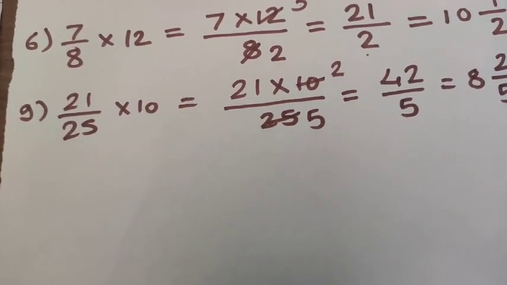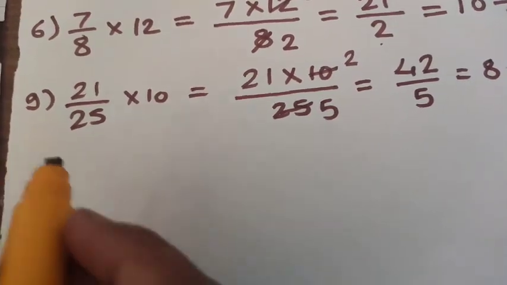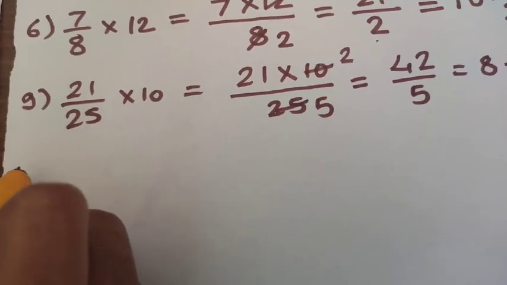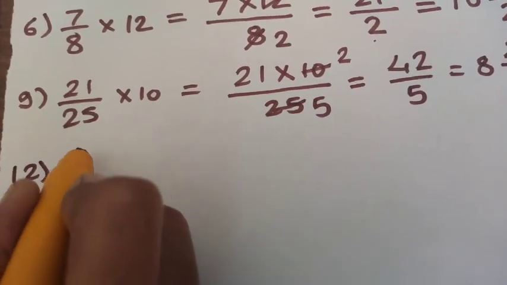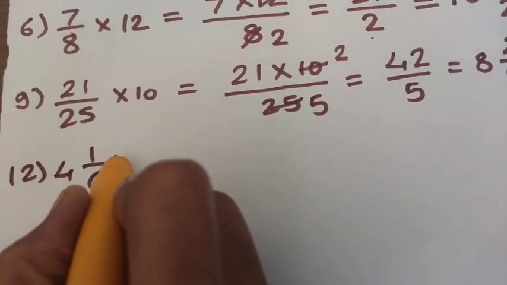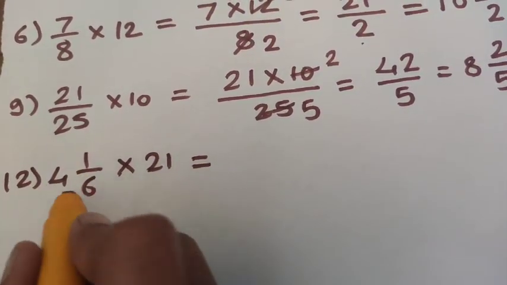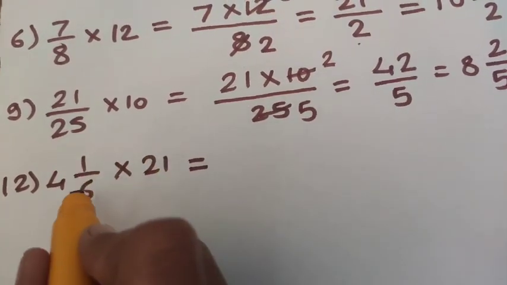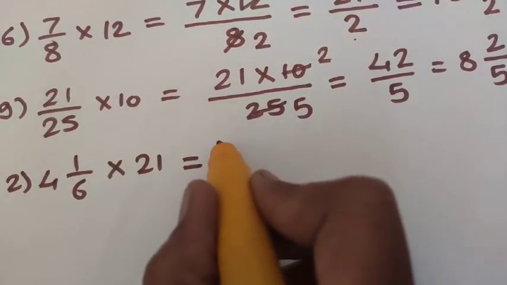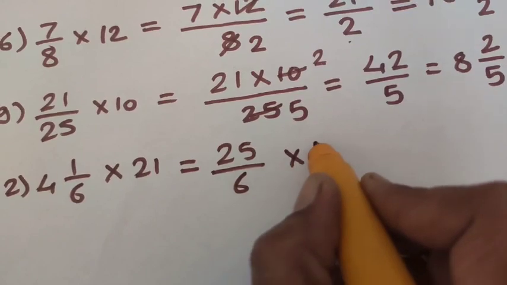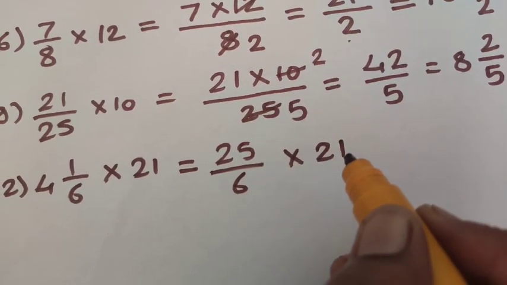Okay, now see, mixed fraction question I am solving now. I am solving the 12th question. 4 integer 1 by 6 multiplied by 21. So 4 integer 1 by 6 we are going to convert into improper. 6 4s are 24 plus 1, 25 upon 6 multiplied by 21.